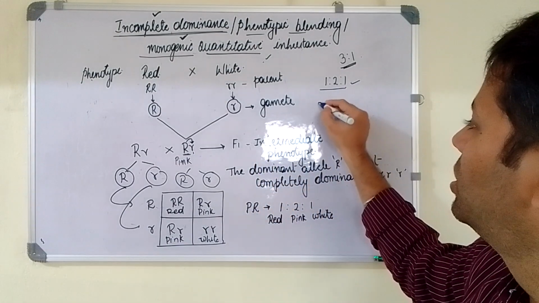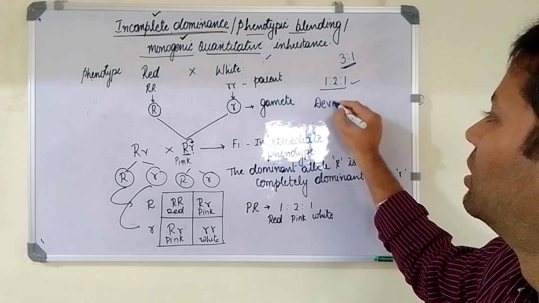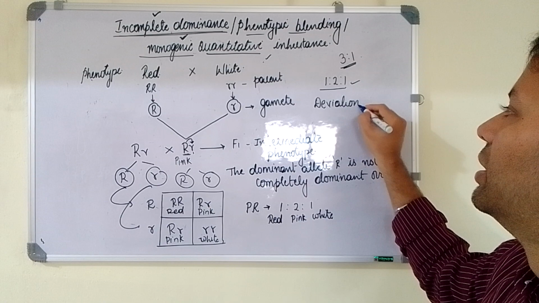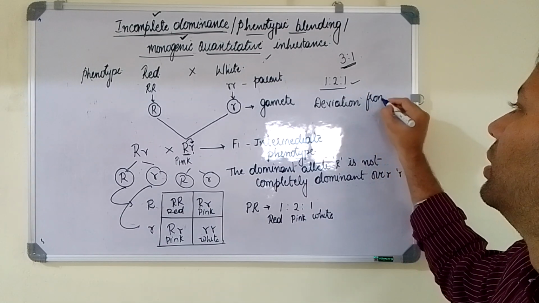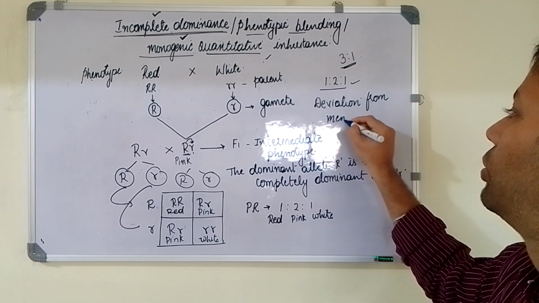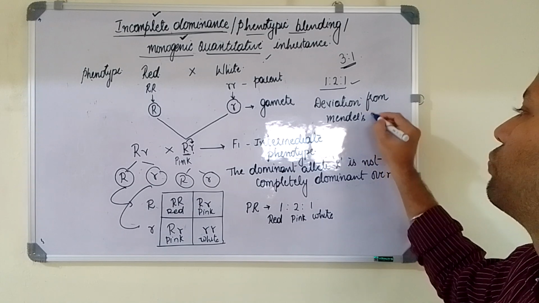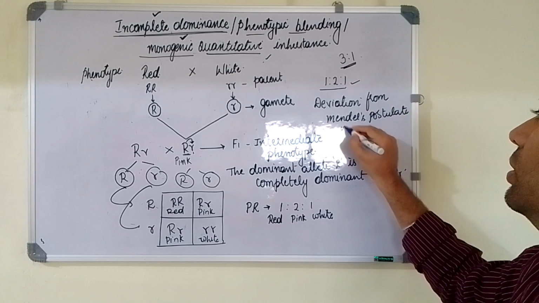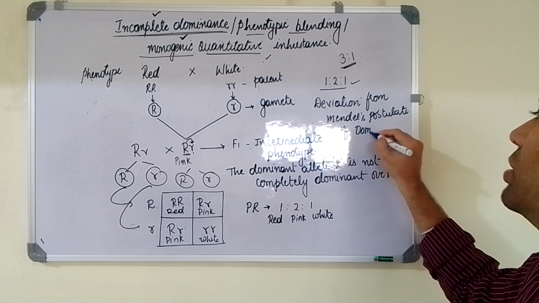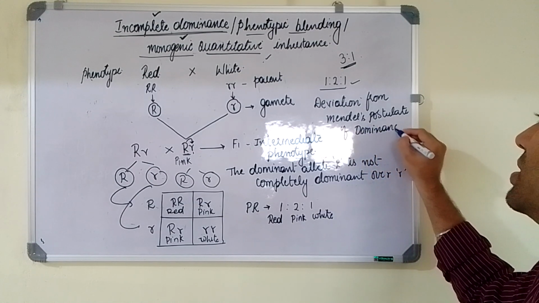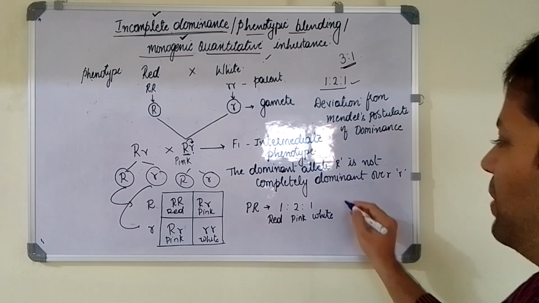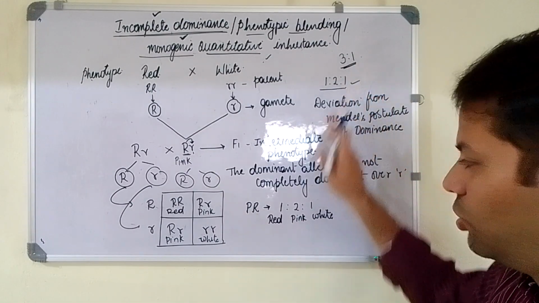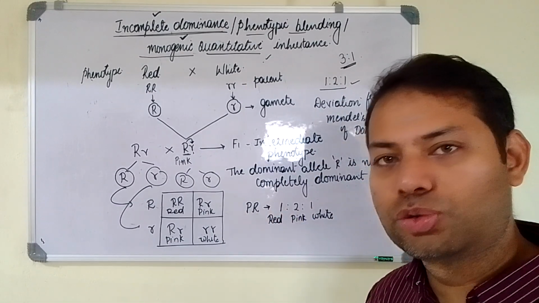So incomplete dominance is also a deviation from Mendel's postulate of dominance. It is a deviation. Okay, expected one is 3:1, but we did not get 3:1, we got what?